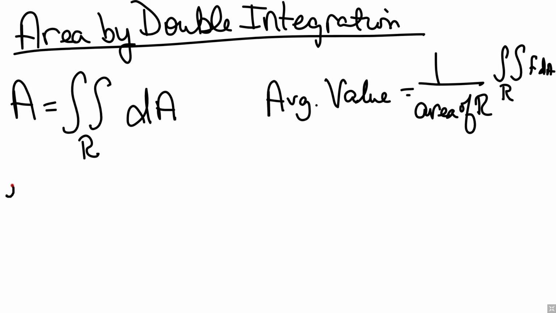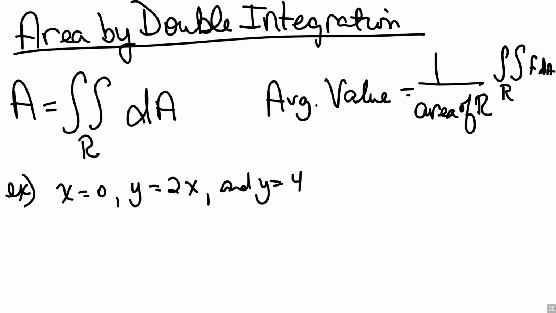All right, our first example is this. Let's find the area of the region bounded by x equals 0, y equals 2x, and y equals 4. In order to set this up, the best thing to do is to draw the region.